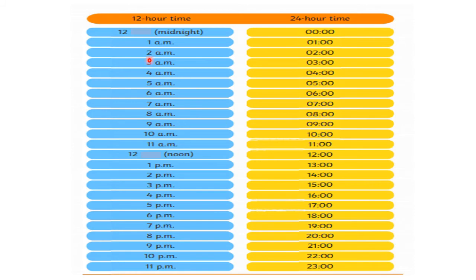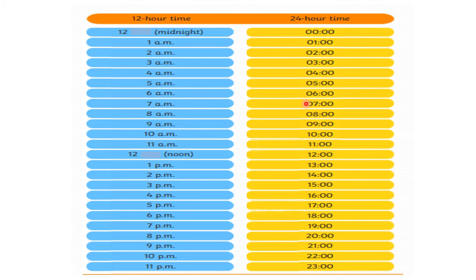The day begins at 12 midnight, which is written as 0000 hours. 1 a.m. is written as 0100 hours. 2 a.m. is written as 0200 hours. 3 a.m. is written as 0300 hours. 4 a.m. is written as 0400 hours. 5 a.m. is written as 0500 hours. 6 a.m. is written as 0600 hours.